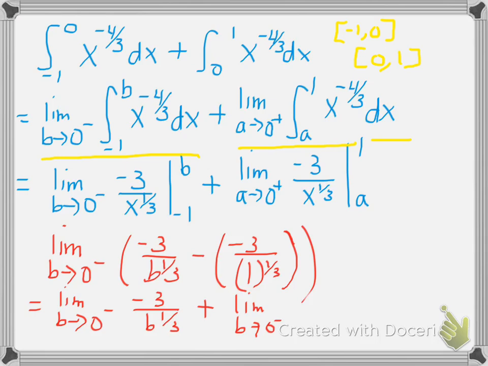Okay. Now, I think I briefly talked about it yesterday, but this is b approaches 0 from the left. So you have -3 over a really, really small number. A number over a really, really small number will blow up, right? And so, in fact, this will go off into infinity.